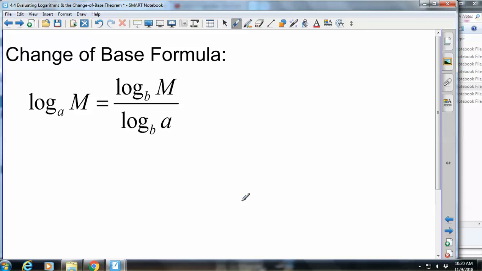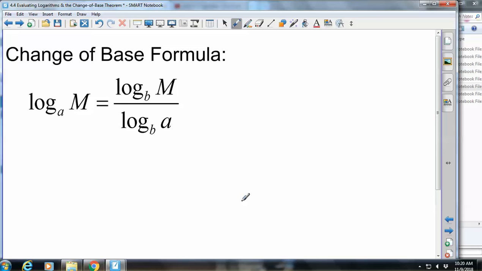So you can take any logarithm and rewrite it in any base you want by doing the log of the current argument divided by the log of the current base.